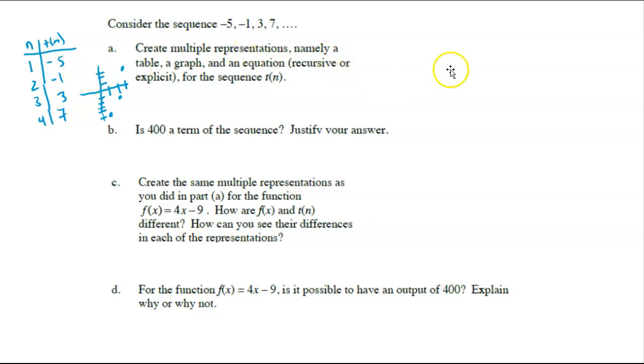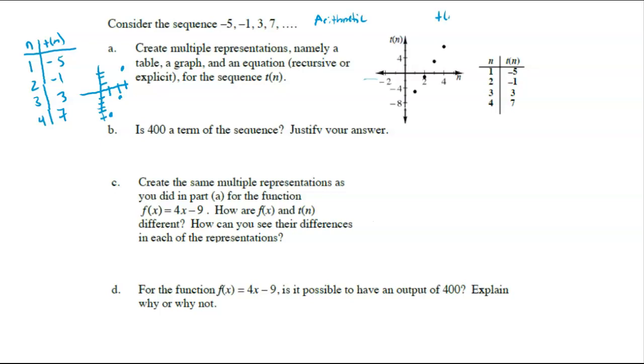Instead of looking at that graph, we can look right here. I've graphed it for you, a better graph. It looks linear because this is an arithmetic sequence. So again, it follows the linear path. If we're going to come up with an equation, explicit or recursive, either one: t of n is equal to our common difference times n plus our y-intercept, or our initial point.